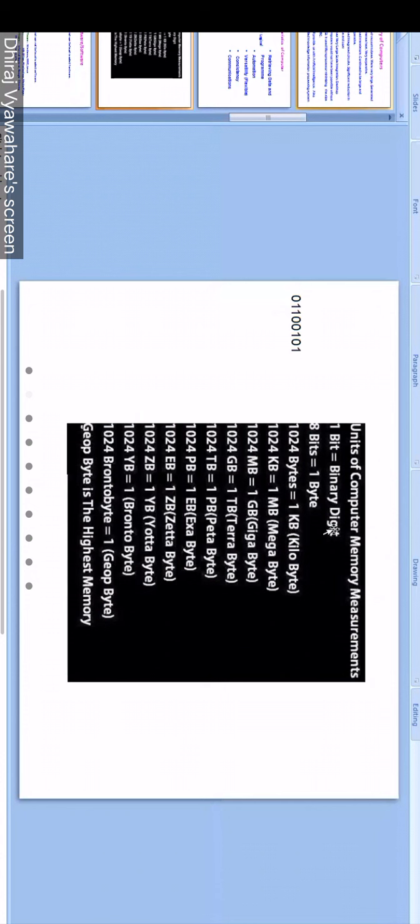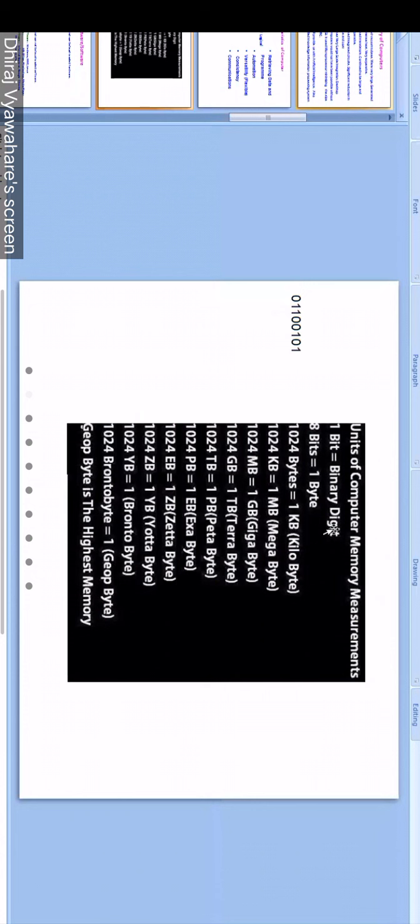The space will take 1 byte. And Belsare, B-E-L-S-A-R-E, is 7 characters. 7 plus 5 plus 1 is 13 bytes to write your name in the computer. Are you getting it or not?